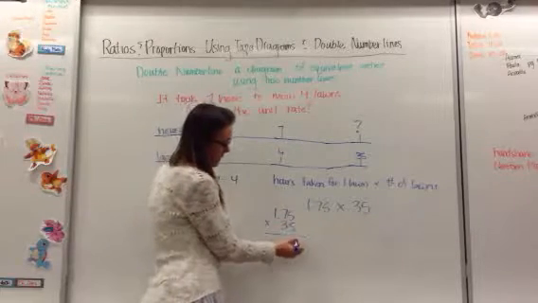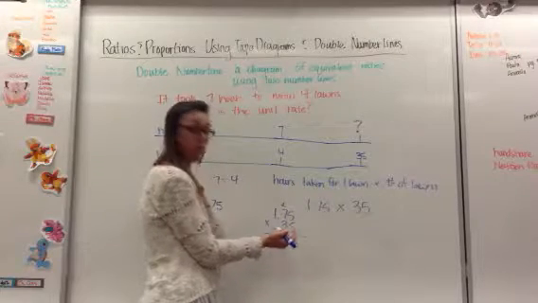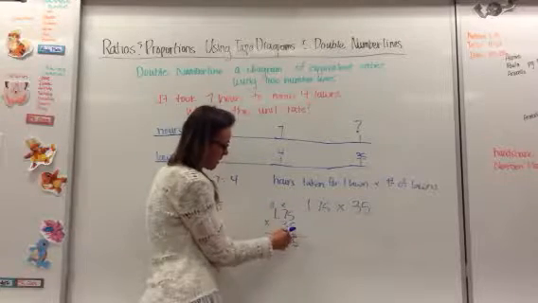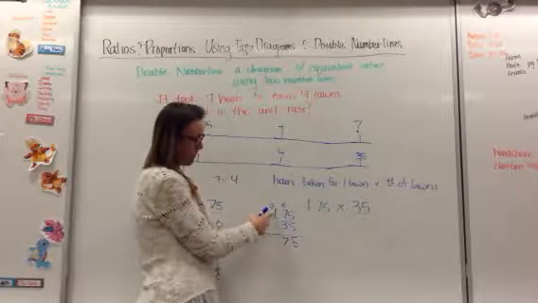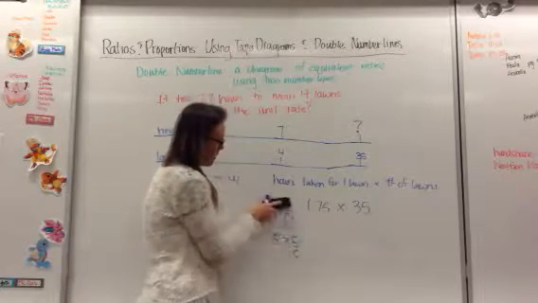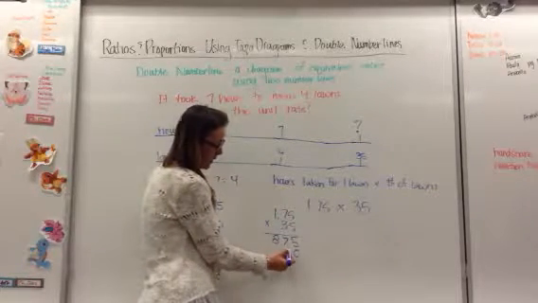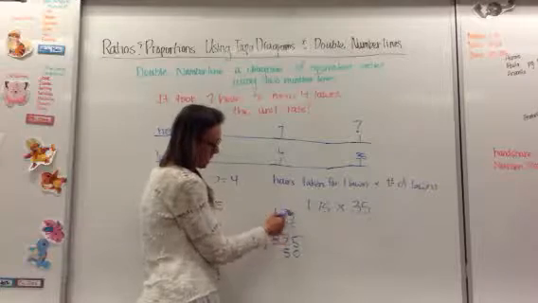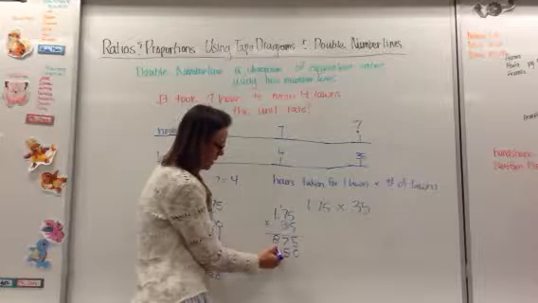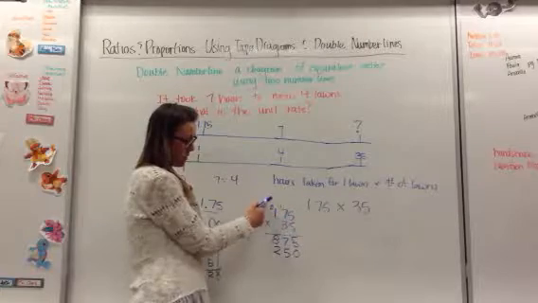5 times 5 is 25. 5 times 7 is 35 plus 2 is 37. 5 times 1 is 5, plus 3 is 8. 3 times 5 is 15. 3 times 7 is 21 plus 1 is 22. 3 times 1 plus 2 is 5.